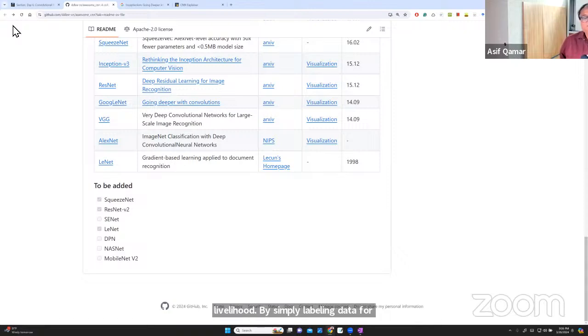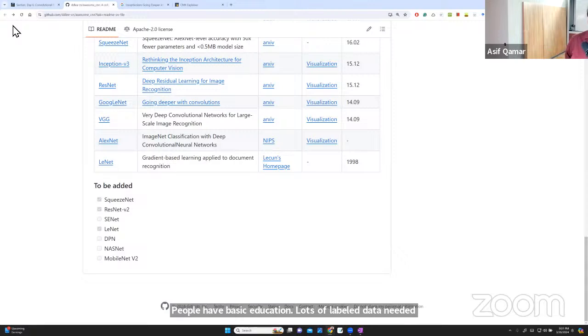In fact, one of the interesting things that has happened is one guy in India decided that, see, there is lots of unemployment in India. People have basic education. Lots of labeled data is needed for AI. Win-win on both sides.